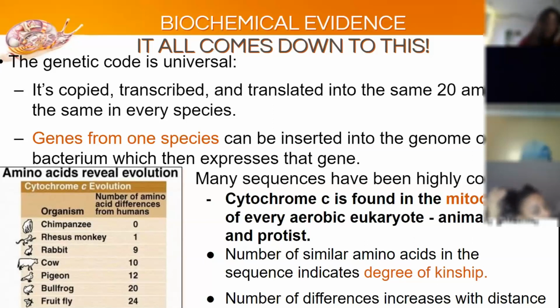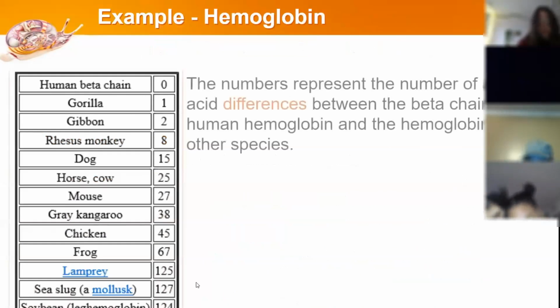But if I compared our cytochrome C to yeast, we're very different from a yeast, aren't we? So we can see that we are least like the yeast in this case, and therefore we have a lesser degree of kinship. So we refer to the degree of kinship as how closely related two organisms are. We have a high degree of kinship with the chimp, a low degree of kinship with the yeast.